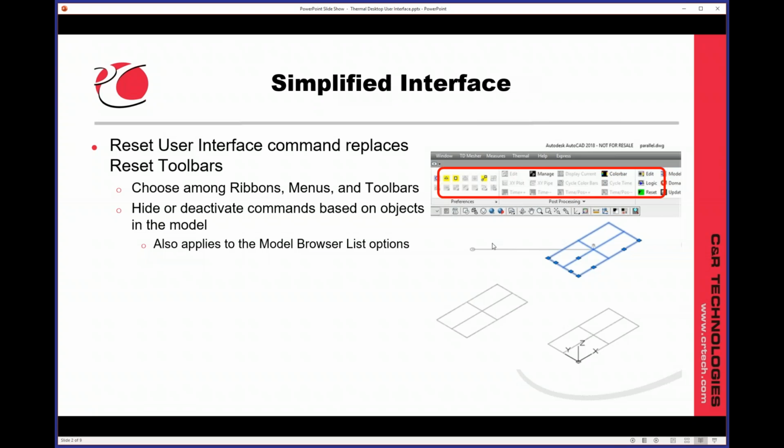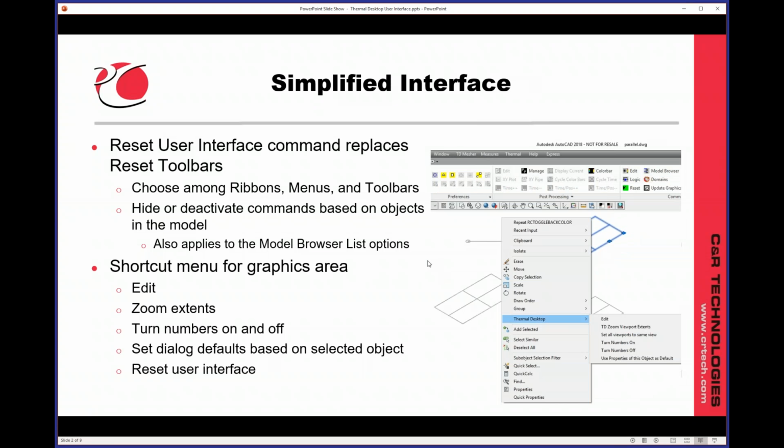Personally, I prefer deactivating because my muscle memory can't develop if I'm constantly turning commands on and off. This hide or deactivation also applies to the model browser list options, so you'll only be able to choose to list in the model browser things that are actually there.